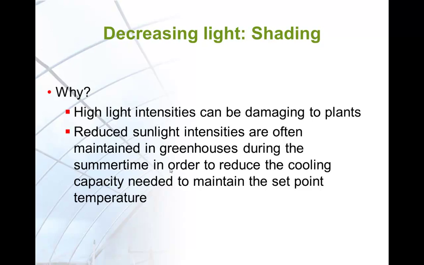And also during the summertime, you have to reduce sunlight because sunlight includes a lot of heat, and even PAR eventually becomes heat to the plants. Therefore, if the system doesn't have high enough cooling capacity, you have to reduce sunlight. And in most cases, you use shading.